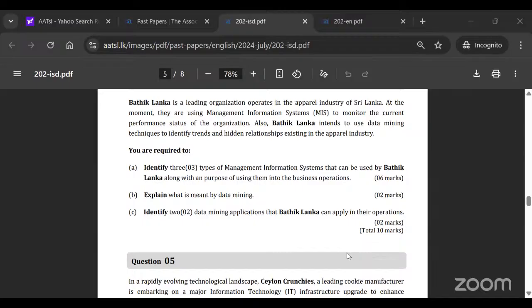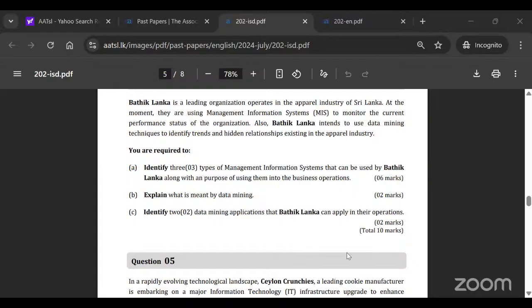Walmart. Identify 2 data mining applications that Batik Lanka can apply to their operations. We can say market basket analysis, right?